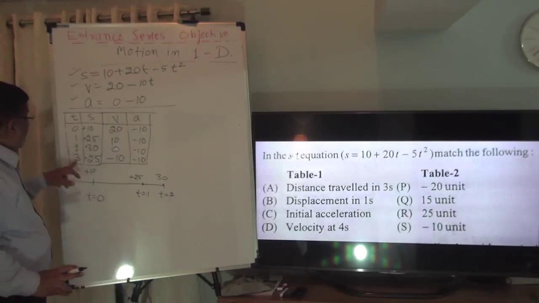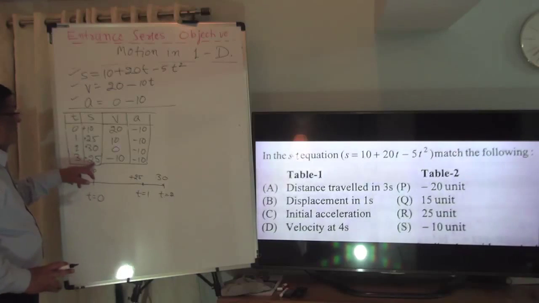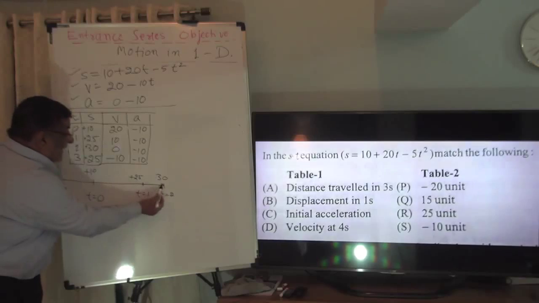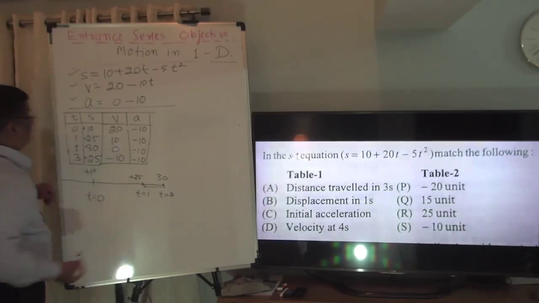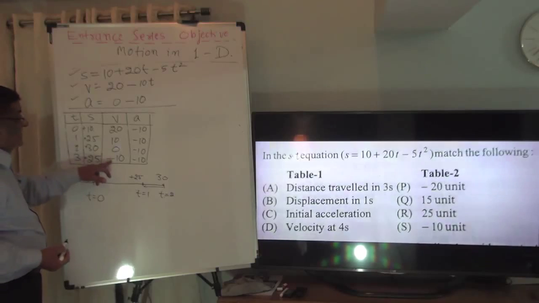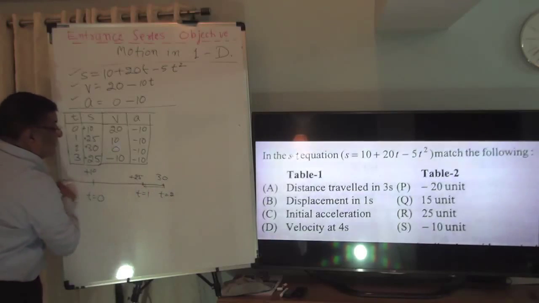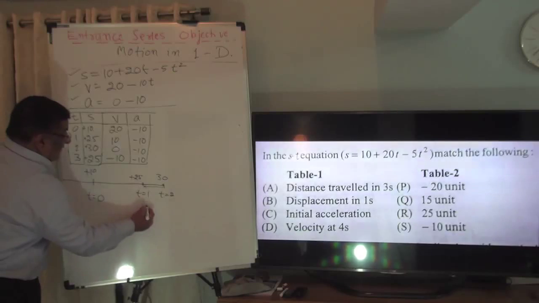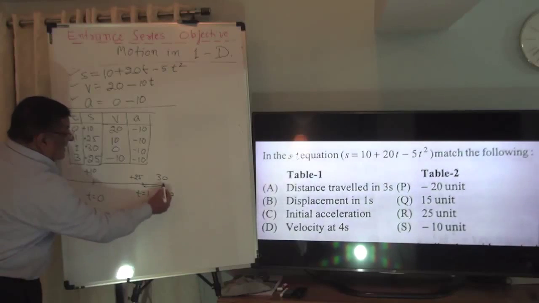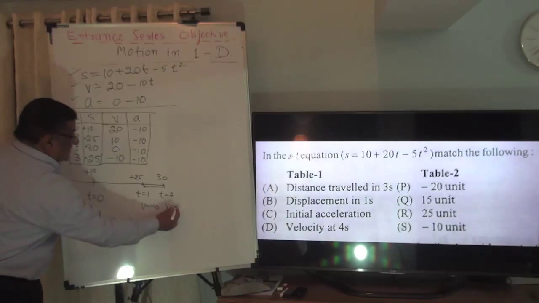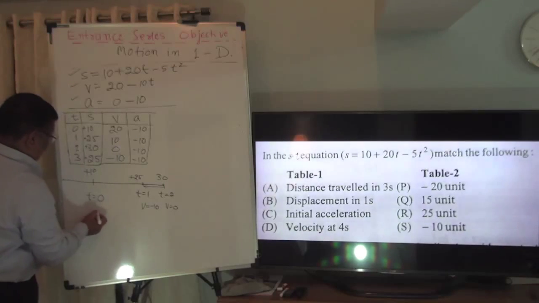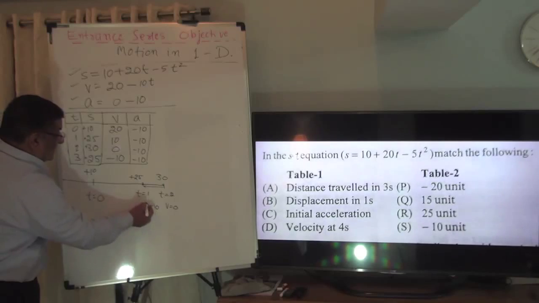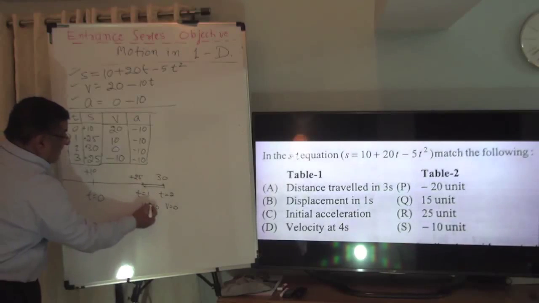What will happen? At 3, again it is back to 25 like this. And velocity is minus 10. That means it is going in this direction. Here velocity is minus 10 and here velocity is 0 and here velocity is plus 10. While it was going here, the velocity was plus 10.